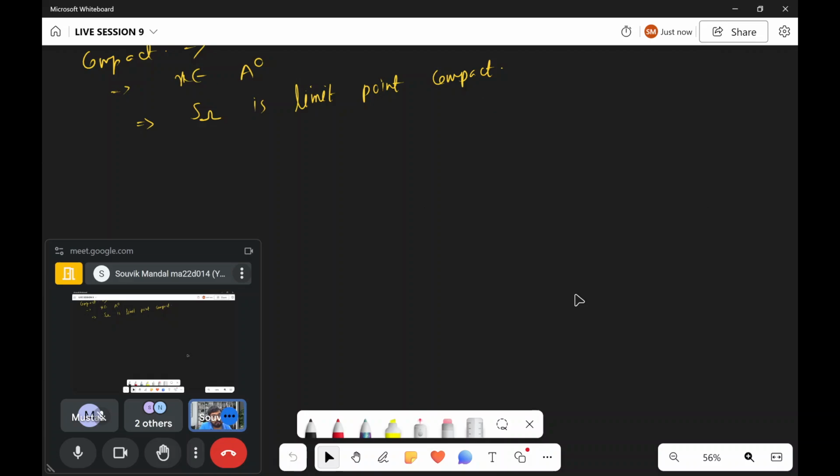So what we proved is that the space S omega is limit point compact. Now we want to prove that S omega is actually not compact. Sorry, I'm not going to prove it. It is your home task: to show S omega is not compact.